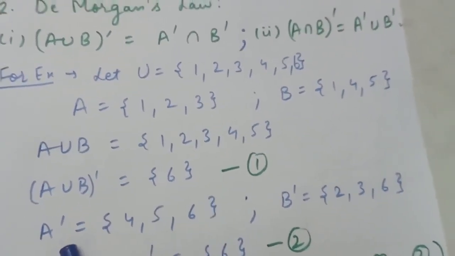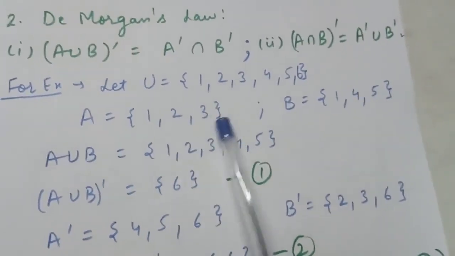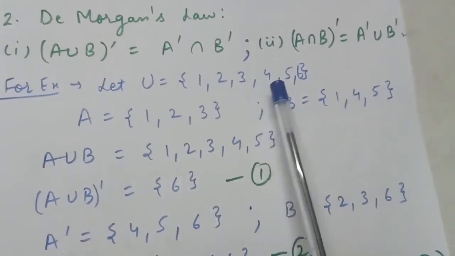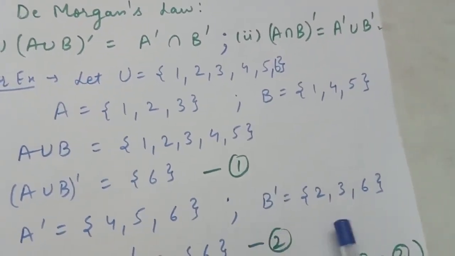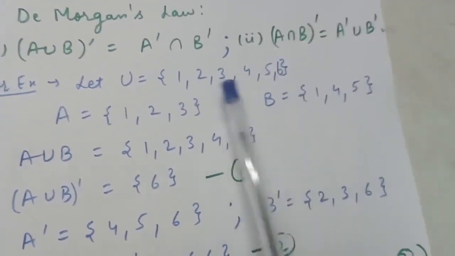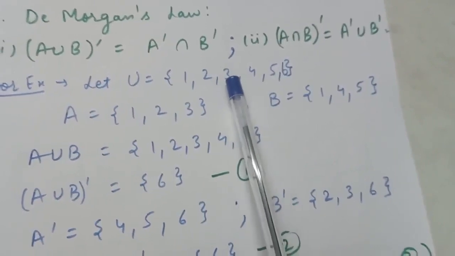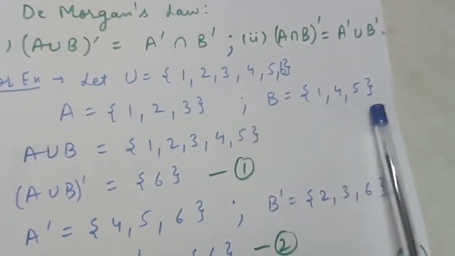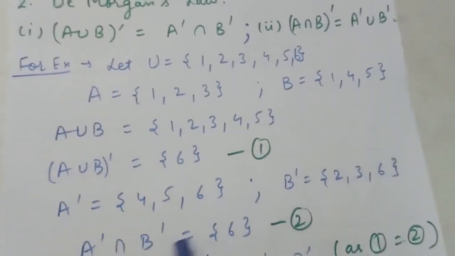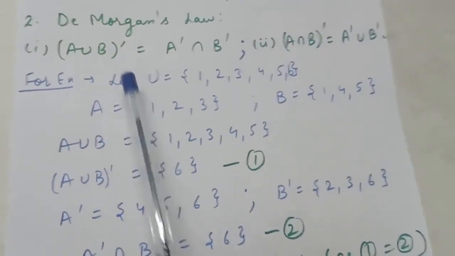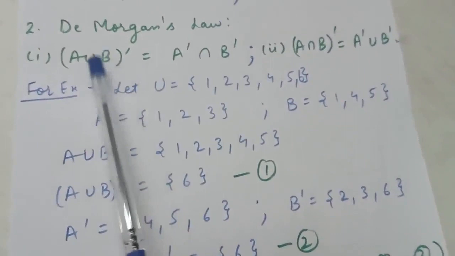Now A is 1, 2, 3, so A complement will include 4, 5 and 6. Similarly, B complement will be the elements which are in the universal set and not in B. So it will be 2, 3 and 6. Taking intersection, why are we taking intersection? Because we have to find these two terms.